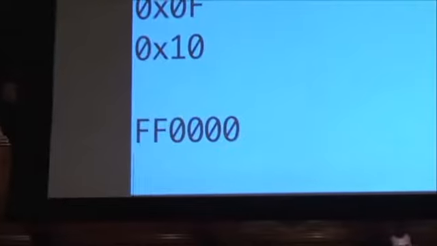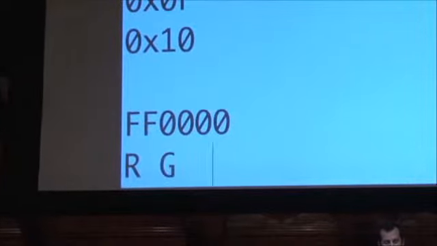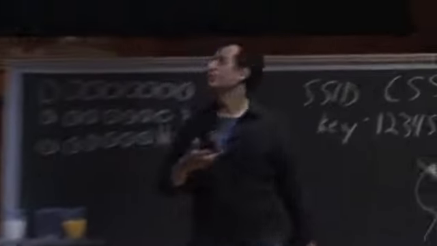Now, why is this? Little teaser. If you've ever heard of the expression RGB, red, green, blue, the way we're going to implement colors in a few weeks, and also in the multimedia section of one of our problem sets, FF is kind of the biggest possible hexadecimal digit you can write. It's before you have to roll over to a 1 and a 0.